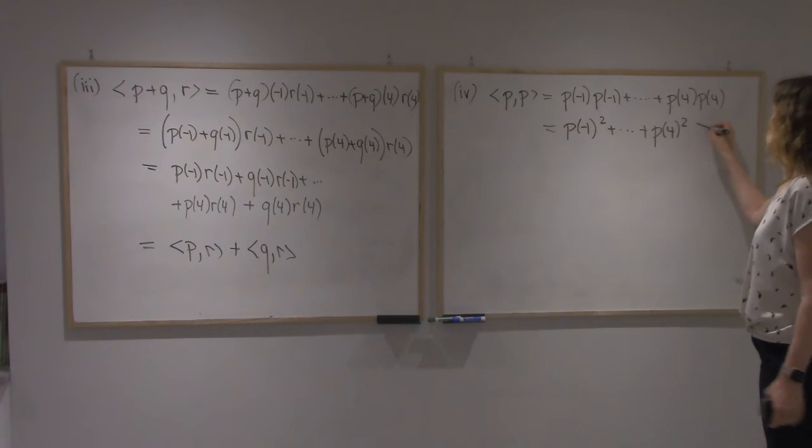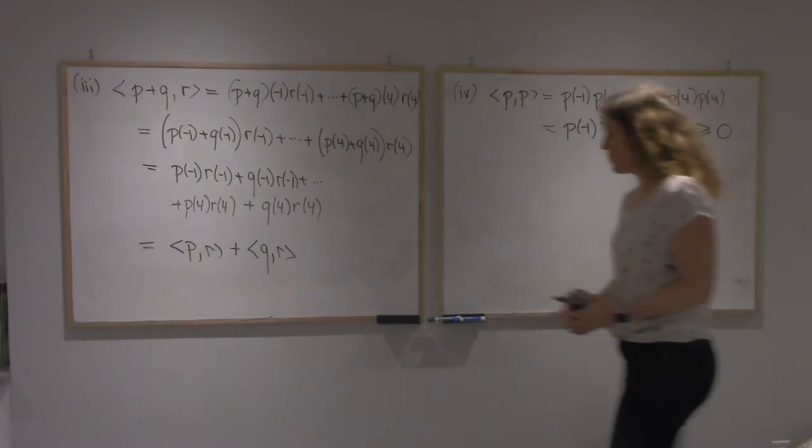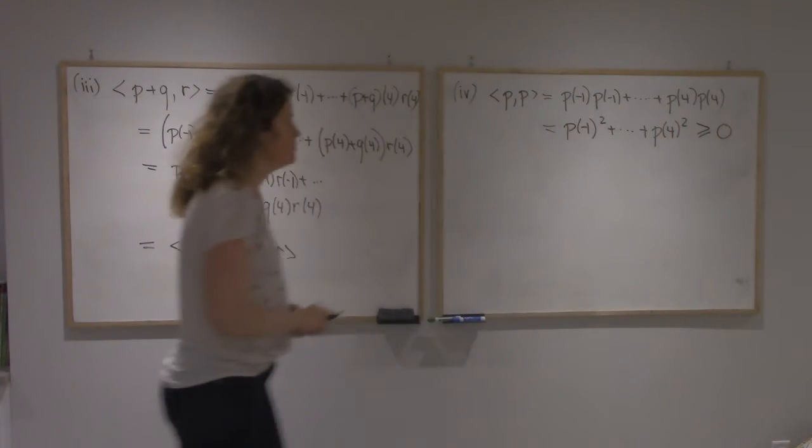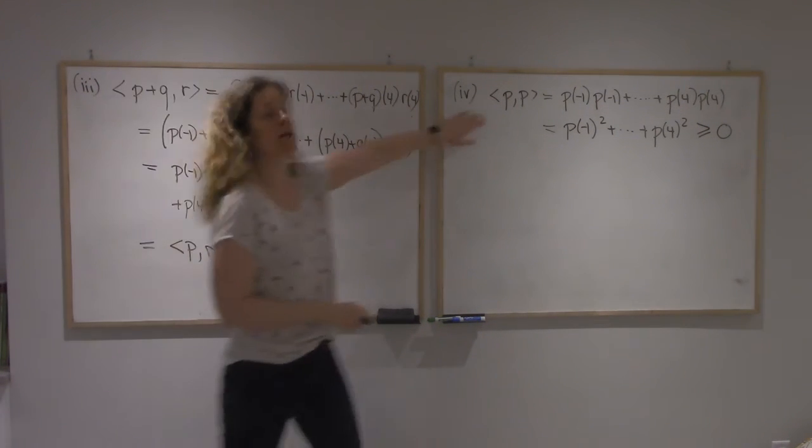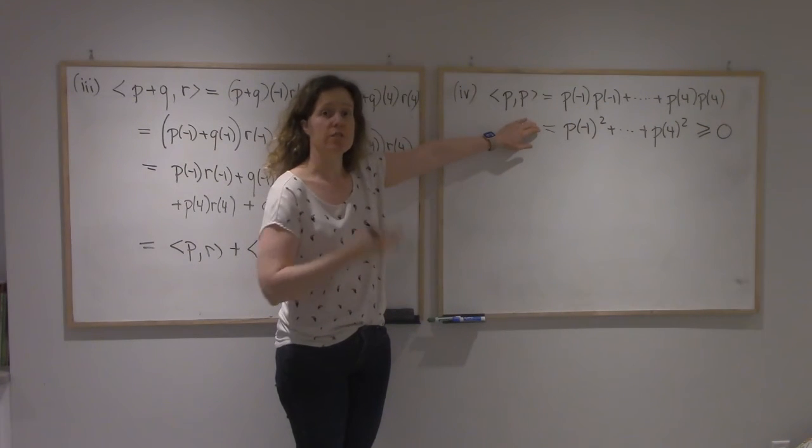Each of them would be positive, so as a whole they're positive. Alright, so the inner product of P with itself is always positive.